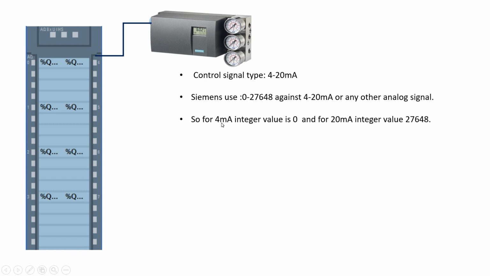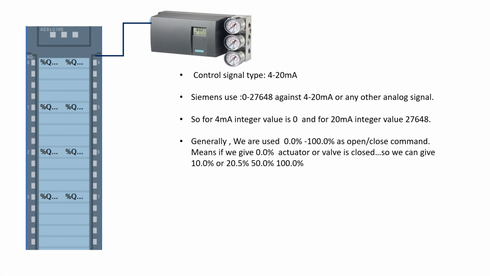So for 4 milliamps the integer value is 0, and for 20 milliamps the integer value is 27648. Here we are using an actuator I2P converter to control the actuator.